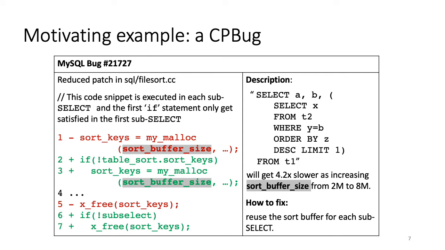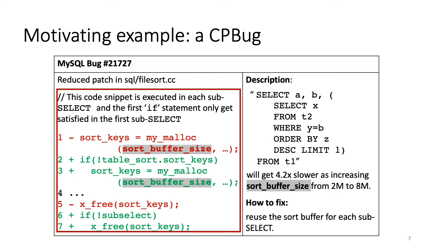In MySQL, a user does a query and sets sort buffer size to a large value. The query would take a long time to finish. The sort buffer size controls memory allocated to a specific query type. And the bug happens because MySQL handles the subselect inefficiently.